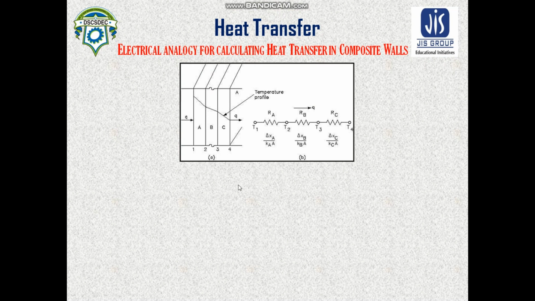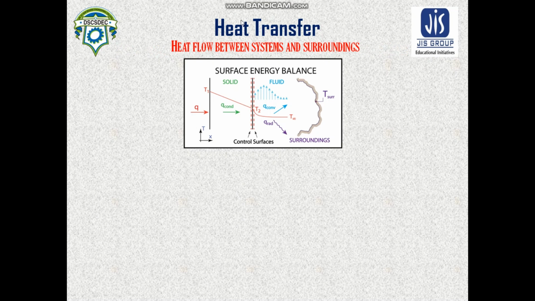So this was a simple type of discussion. Now here, this is our motif. Here you can see this is your solid surface, this is the wall surface through which the heat is flowing. This Q is obviously taken as the heat flux.